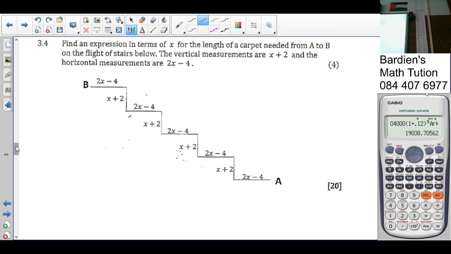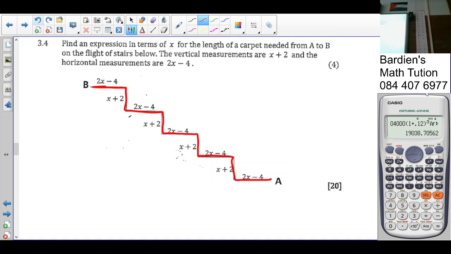Okay. People, the question says, find an expression in terms of x for the length of the carpet needed from A to B. So in other words, the carpet is going to go like that. You have seen the staircase already, no? The staircase that is carpeted.